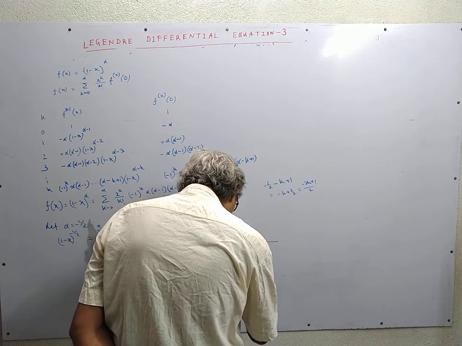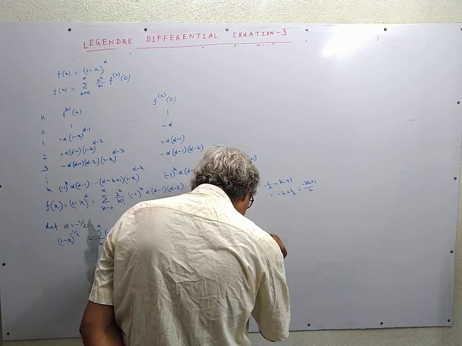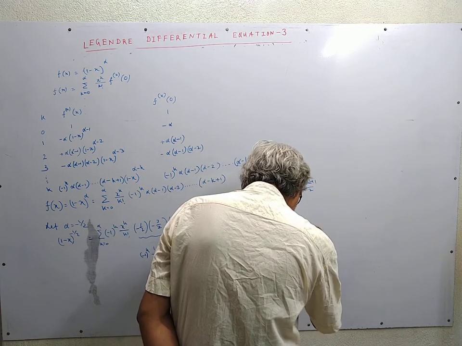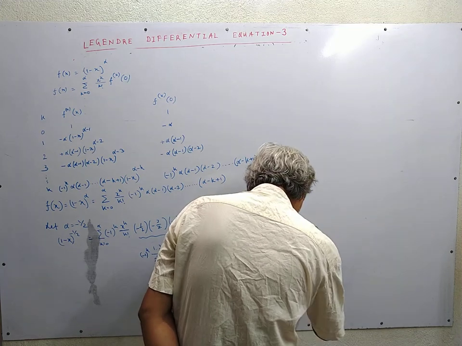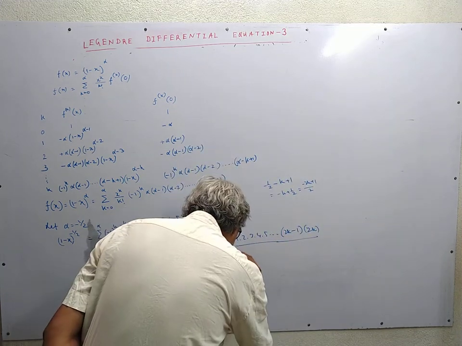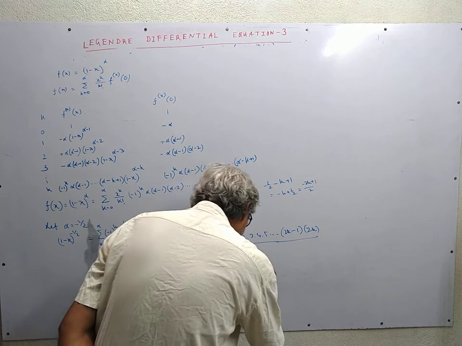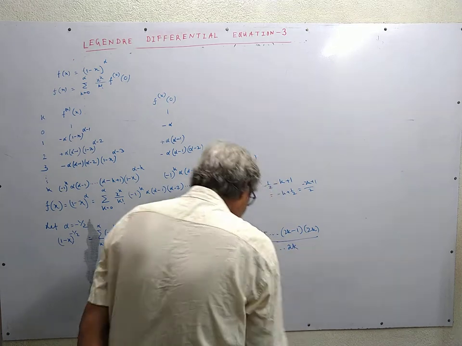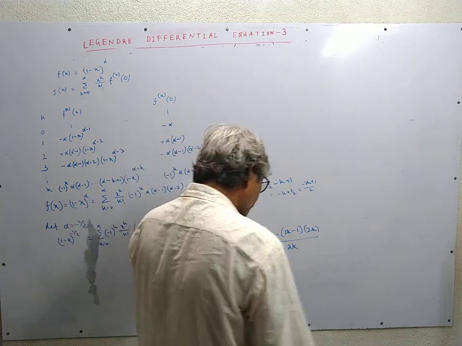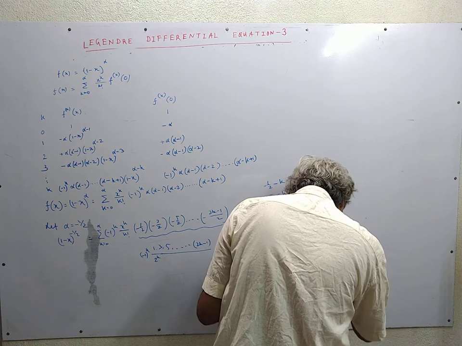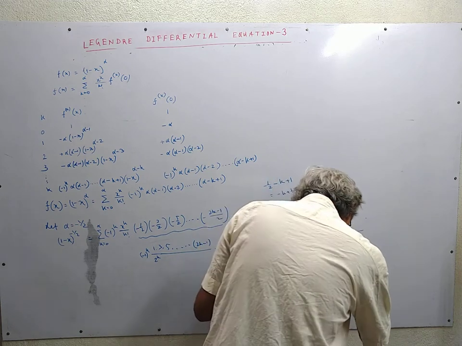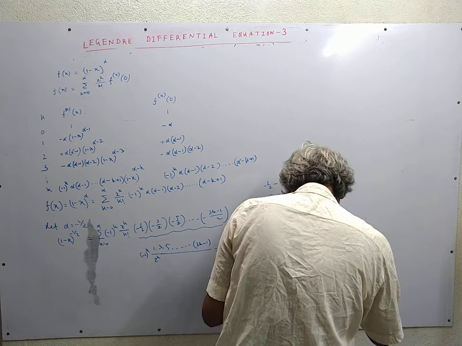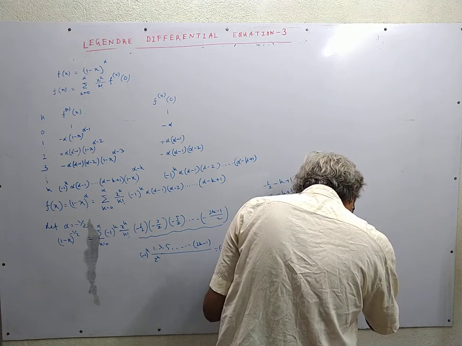So this becomes 1, 2, 3, 4, 5, up to 2k minus 1 times 2k. So we have to adjust this. Earlier we have 2 to the power k, and then we write 2, 4, 6, right up to 2k. There are k such terms, so it will be 2 to the power 2k, the denominator 2 to the power 2k k factorial, and on the numerator we have 2k factorial.